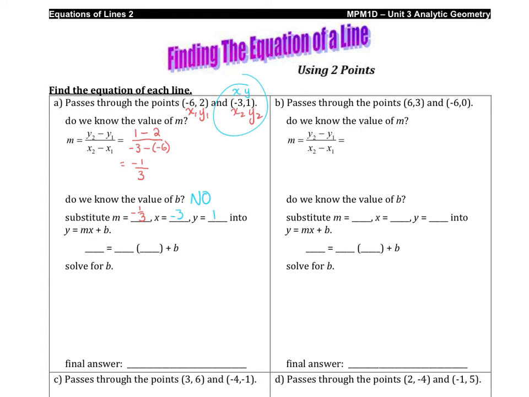Just to remind you, this is y equals mx plus b. So the 1 goes in for the y. The -1/3 goes in for the m. The -3 goes in for the x. Watch your negatives.